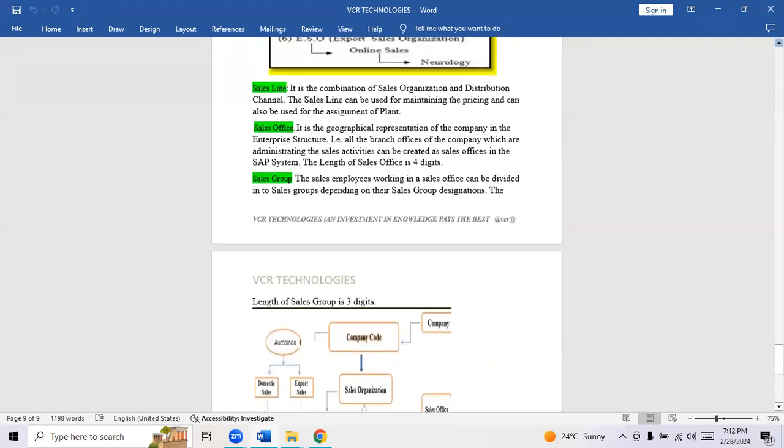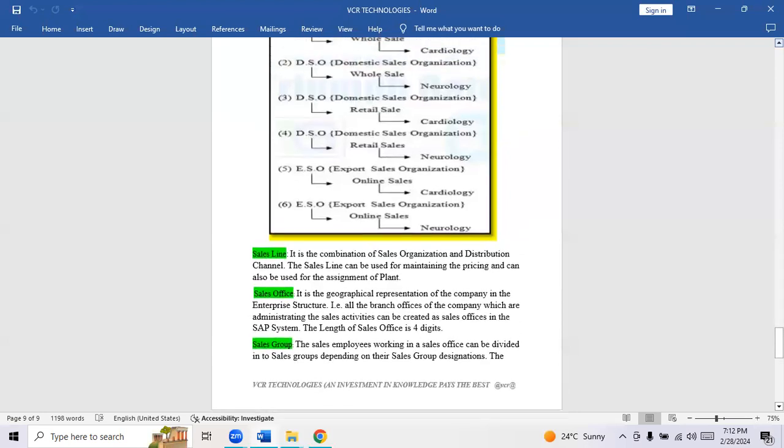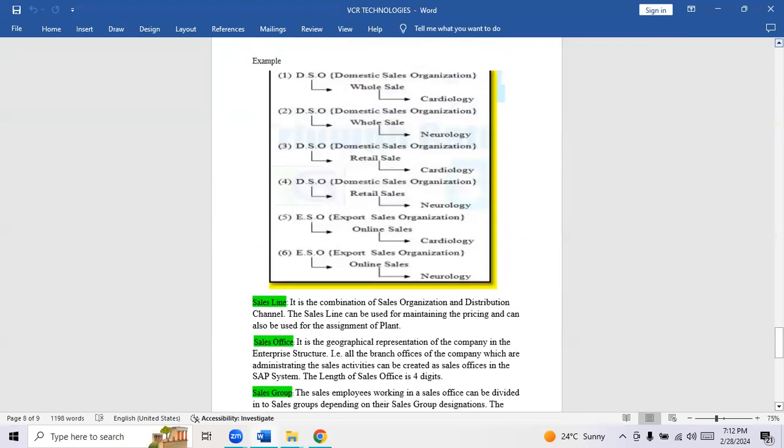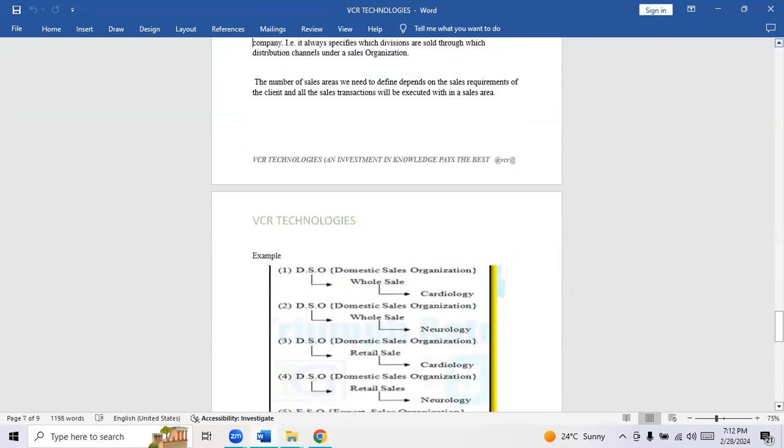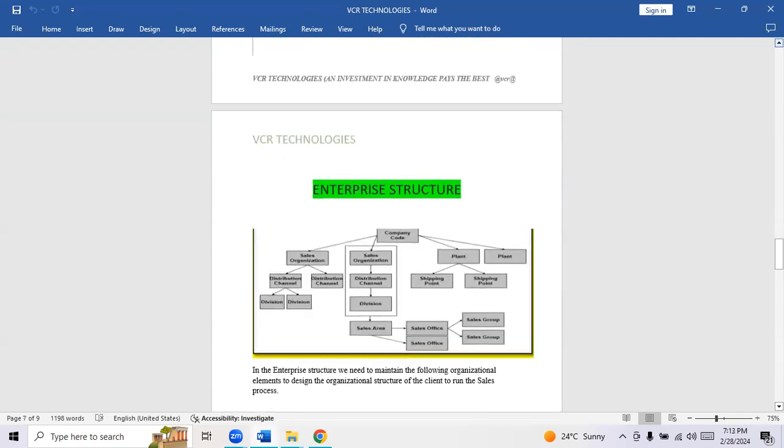Enterprise structure is the first concept in SAP SD. The enterprise structure is the definition of specific organizational elements or organizational units that together represent a company's business units and divisions. This is the enterprise structure.